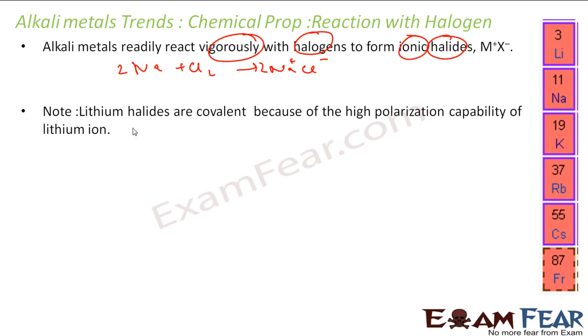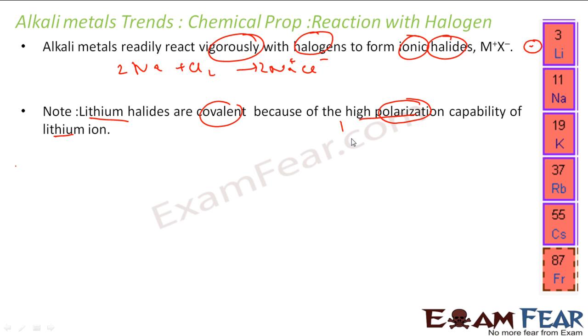The lithium halides are covalent. And why? Because of the high polarization capability of the lithium ion. Lithium is very small, with high charge density, so it has a very high polarization capability, and that's why it is covalent.